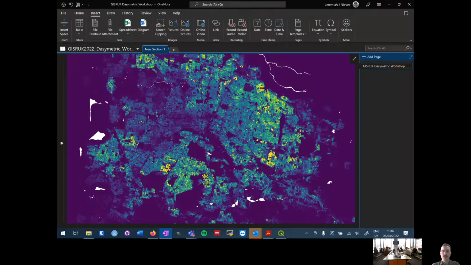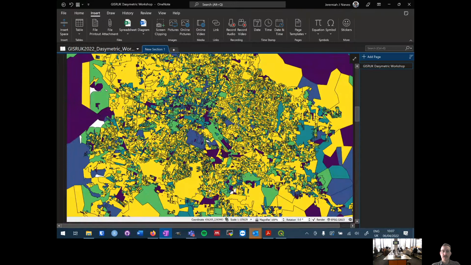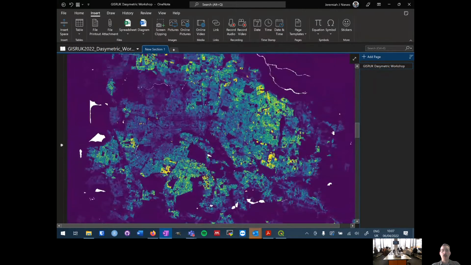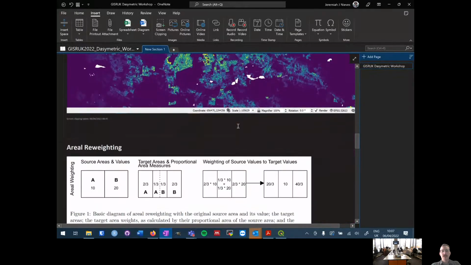So how do we go from something that we have very little information about, where we can only make naive assumptions, to something that is much finer resolution and hopefully informed and more realistic of where population is likely to be? This is where dasymetric weighting comes in.